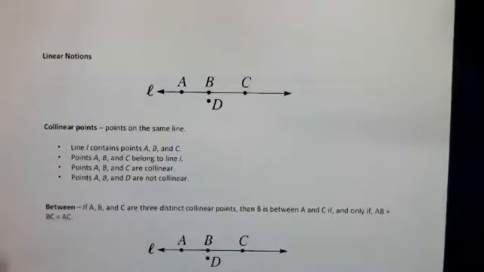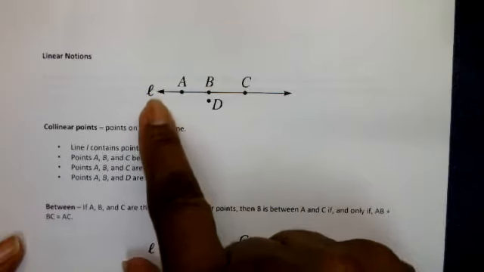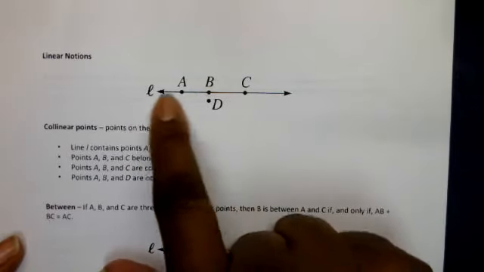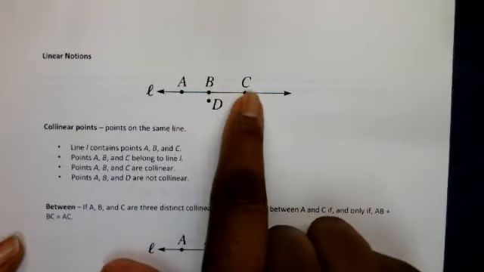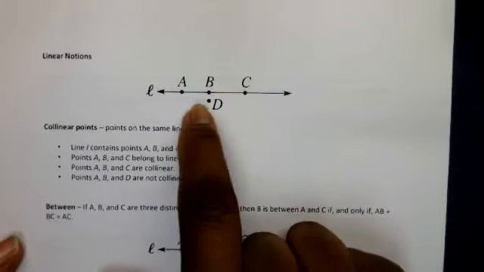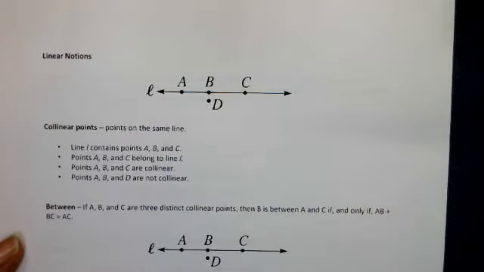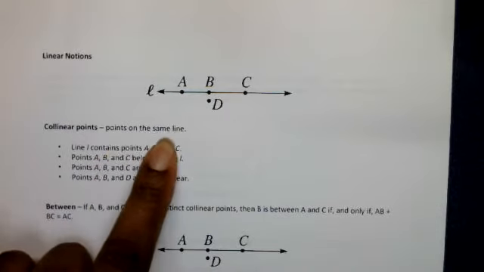Now on the next page is your linear notations here. Let's say we have this line named lowercase l. And in this case, I have 3 points A, B, and C that are on line l, and D is not on that line. Now we're going to define collinear points, which are points that are on the same line.